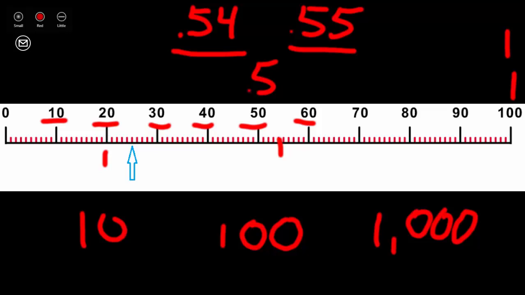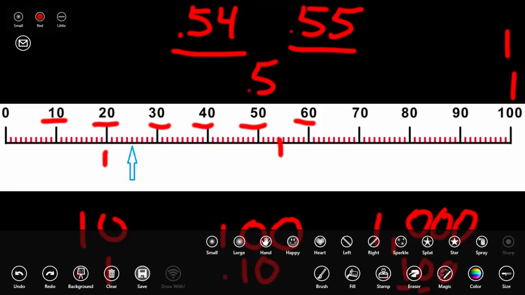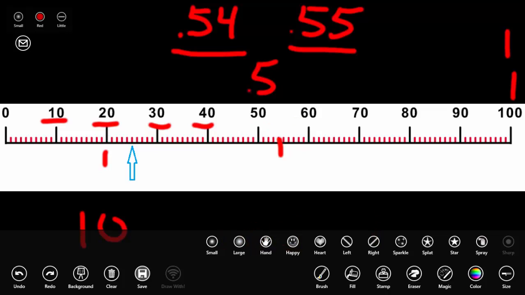Now to write these as decimals, we have tenths, hundredths, and our thousandths place is the third place to the right of the decimal. Now pretend for just a second that we had each of those 100 pieces broken up into 10 more pieces.